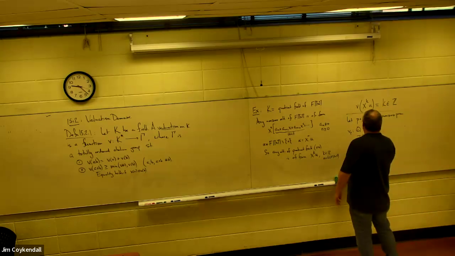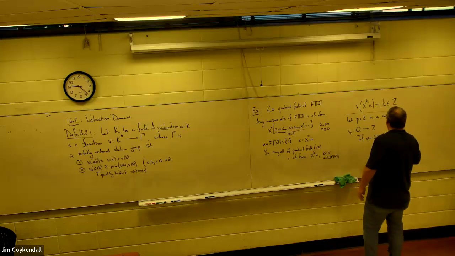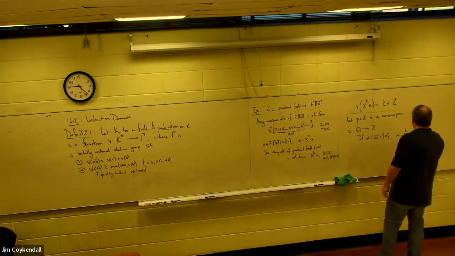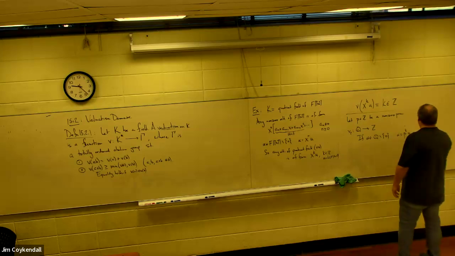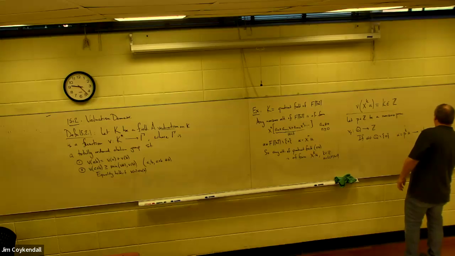If alpha is in Q but it's not 0, then alpha can be written as p to the k times u, where u is equal to a over b, with a, b in Z, GCD of a and b equals 1, and p does not divide a, p does not divide b.